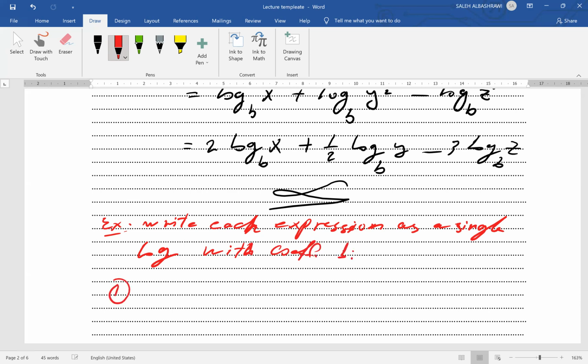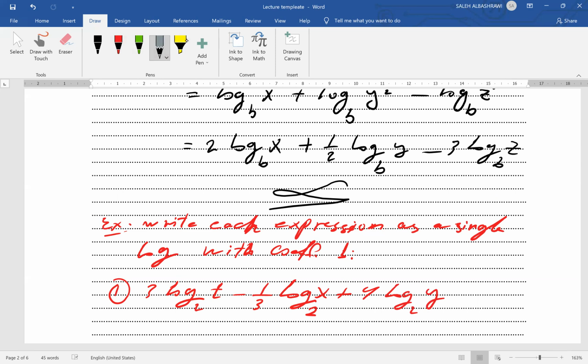Number 1: 3 log base 2 of t minus 1/3 log base 2 of x plus 4 log of y with base 2.